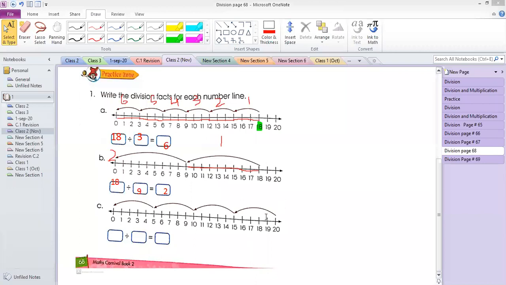Tell me the dividend here in C. Good. I have already read your answers. Don't write them again and again. Good.